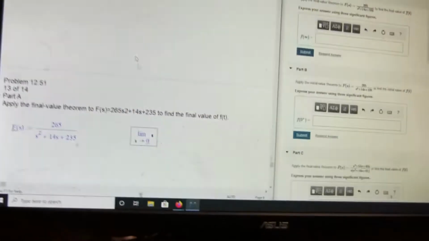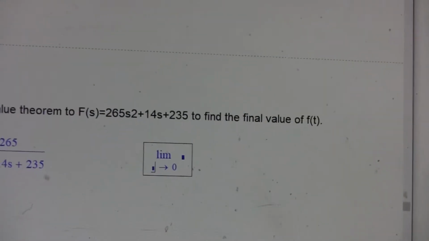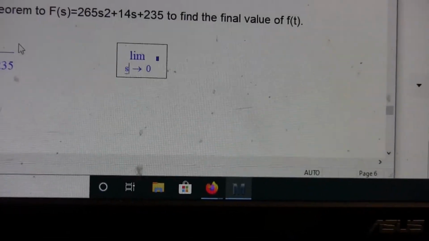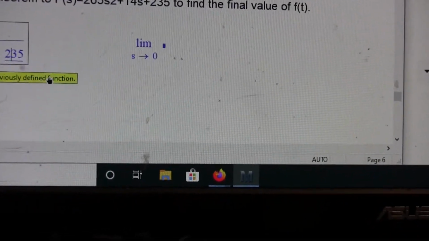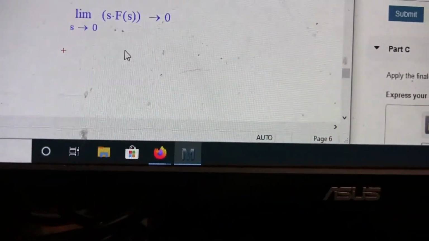Okay? Then you're taking the f of s, and I believe you have to multiply the whole thing by s, so it's s times f of s. And then you hit enter, and it says it's 0.